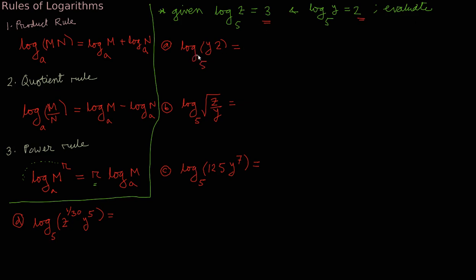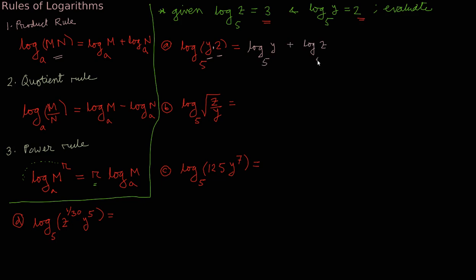First of all, see here, I have logarithm of y multiplied by z. So you can see I have two quantities in multiplication form. So if I have two quantities in multiplication form, then I know what I can write. I can write individually logarithm y plus logarithm z, and in both cases my base is 5.